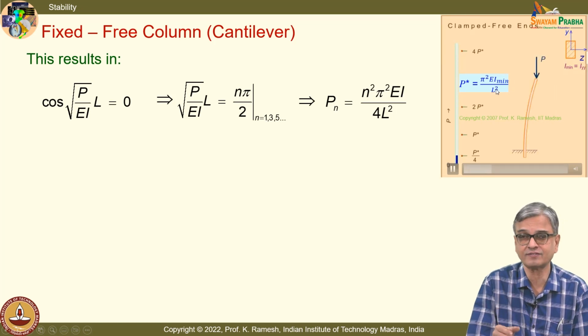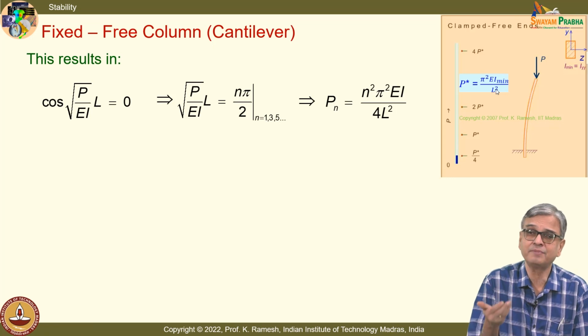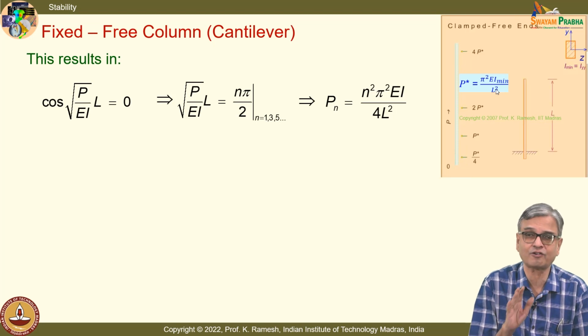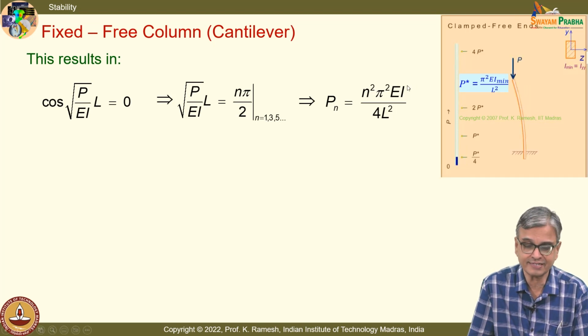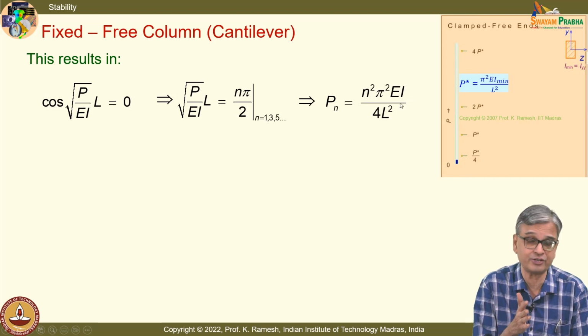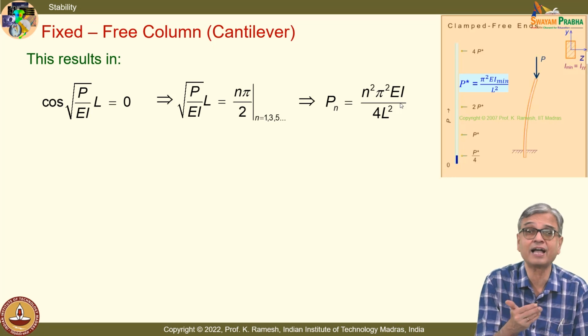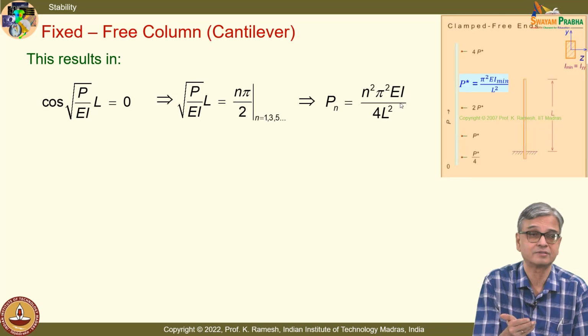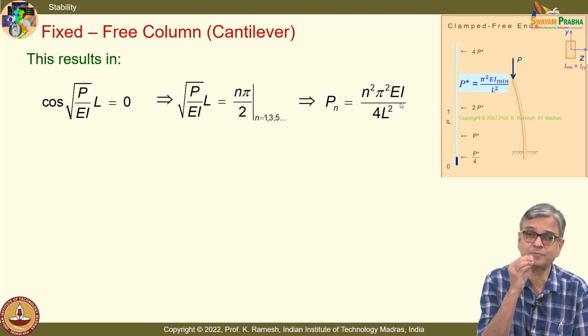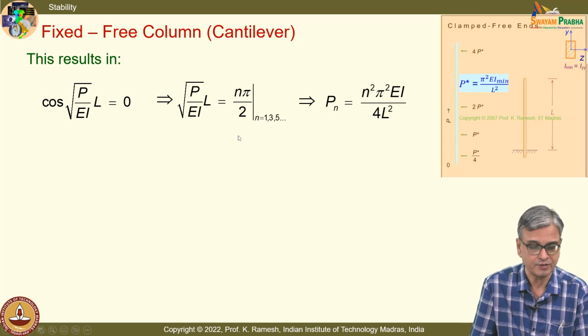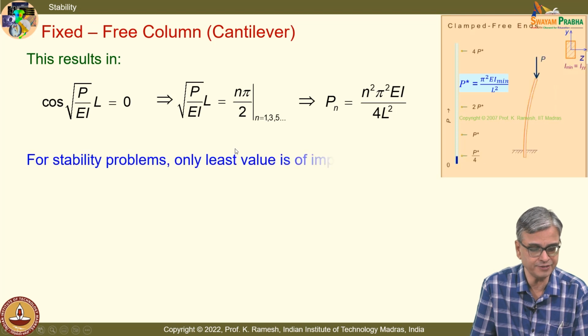If I have a circular cross section, I minimum is the same as I at any one of the diagonals. But if you take a non-circular cross section, you will have to understand that for buckling or the critical load you should look at the least value. If you take another I, you will get another value, but that may be higher than the least value. You do not want the column to deflect, you do not want the column to buckle in a given application. So, I minimum is a better representation, only least values are of importance.